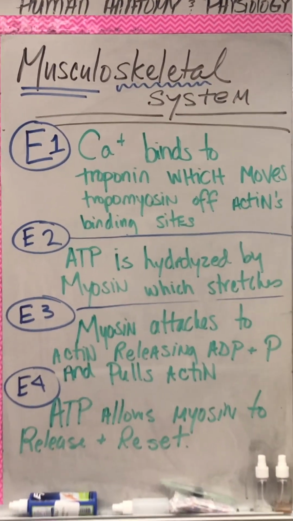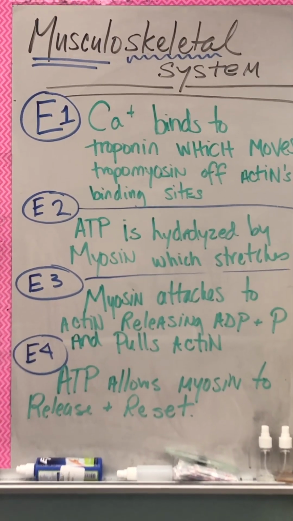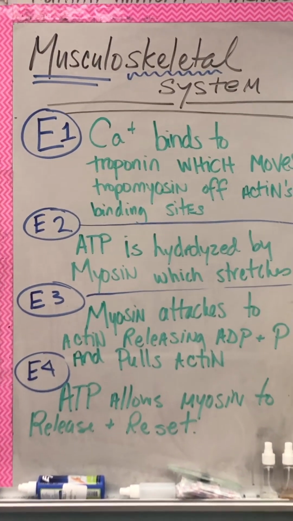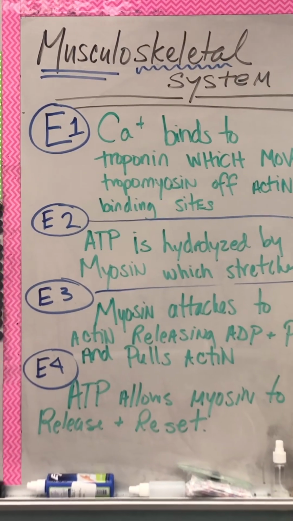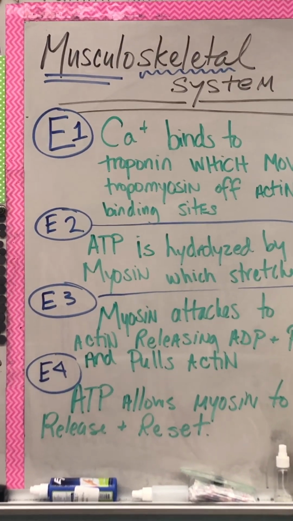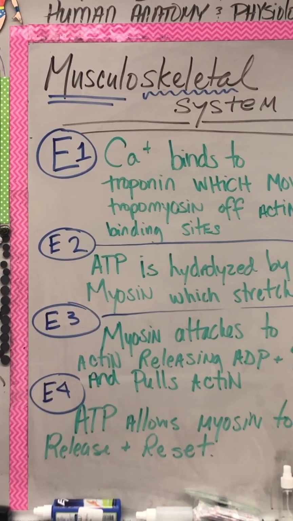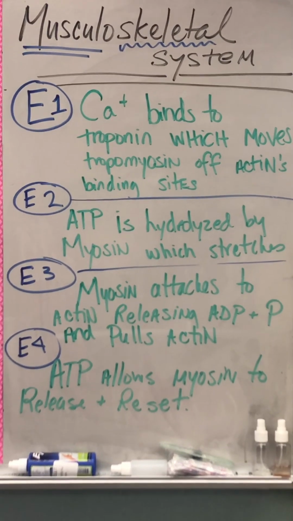So think about actin kind of being covered in this string of proteins, and along that string of proteins, there's a few of these proteins called troponin. Troponin, when it binds with calcium, will change shape, which actually lifts the tropomyosin off of actin's binding sites. So now the process can actually take place.